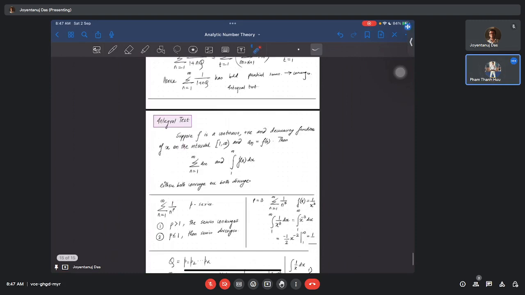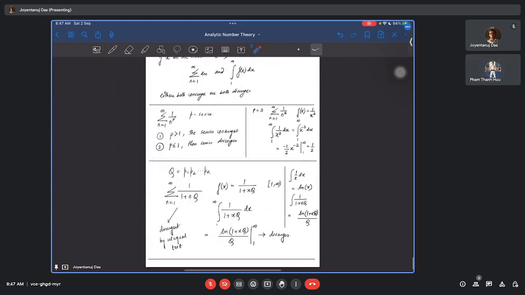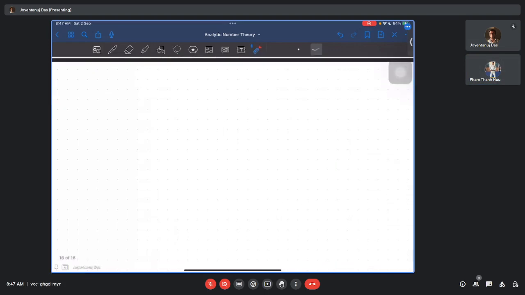Okay, so this is 1.6. The next section, 1.7, is the Euclidean algorithm.